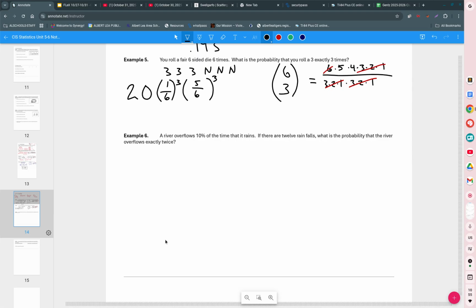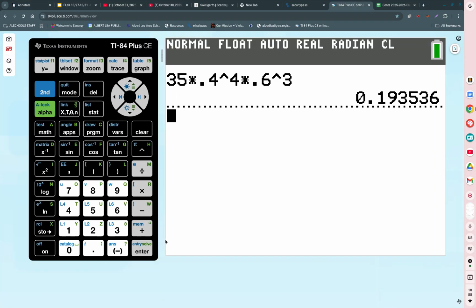Did everybody come up with 20? Are you okay with the 1 out of 6 and the 5 out of 6? Why didn't I convert those to a decimal? They're kind of messy, aren't they? It's 0.16 repeating and then 0.83 repeating. So I'm going to leave them as fractions. You can do that on your calculator. Let's see if you got the same thing I did as I type it in.